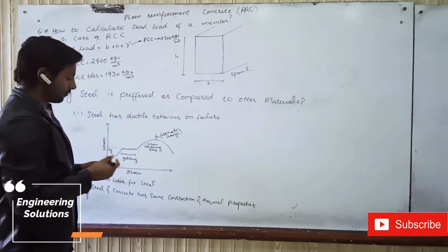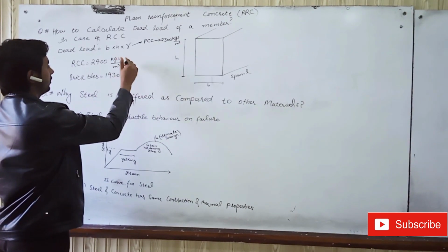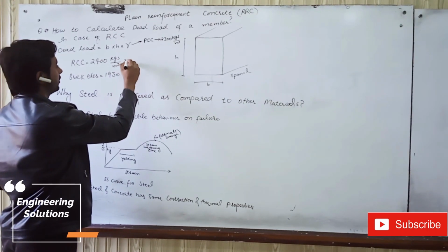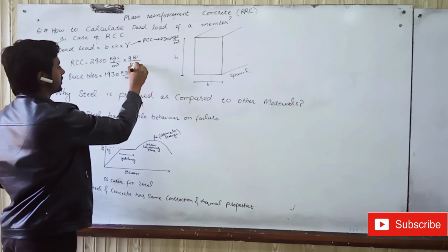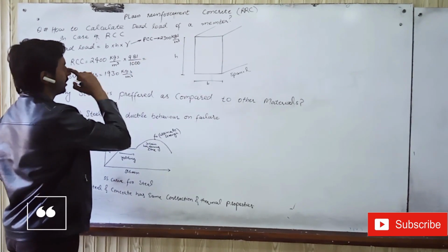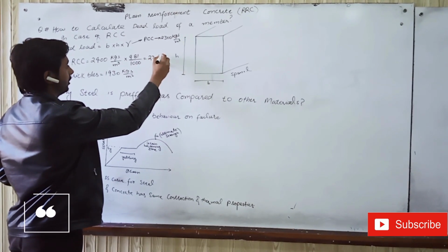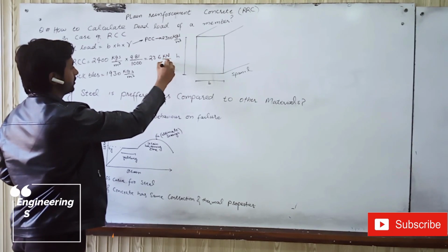We can also convert the units of this density of RCC from kgs per meter cube to kilonewton per meter cube. We have to multiply it by 9.81 and divide by 1000. So it will be approximately 23.6, in units of kilonewton per meter cube.